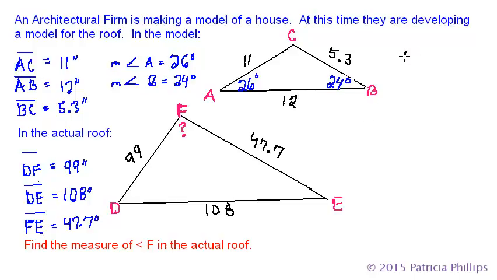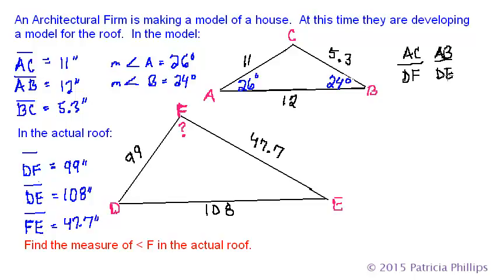If we're going to use a proportion, then the line AC, we put AC with DF. So AC over DF, we do that proportion. And then we would do AB in the smaller triangle with DE.